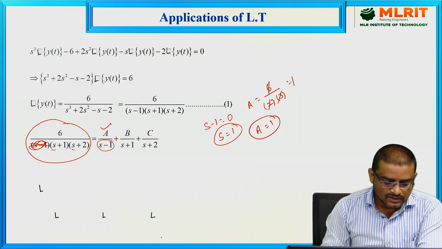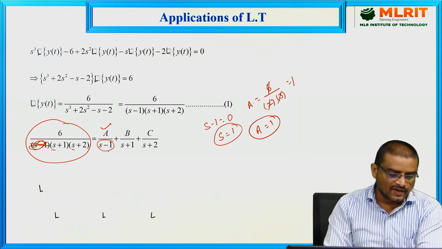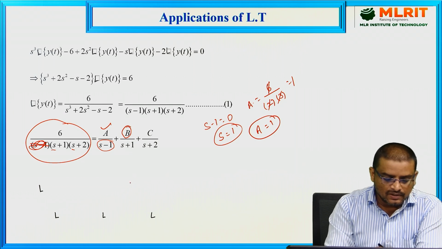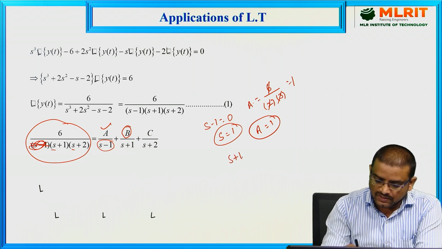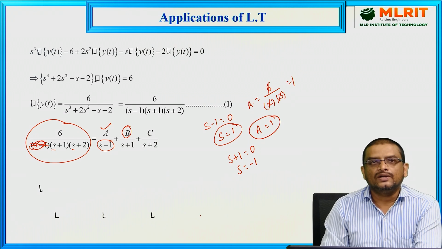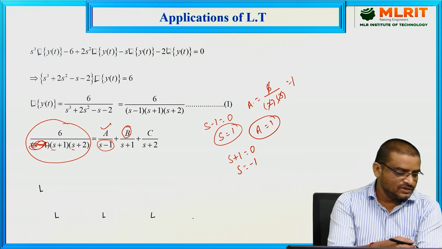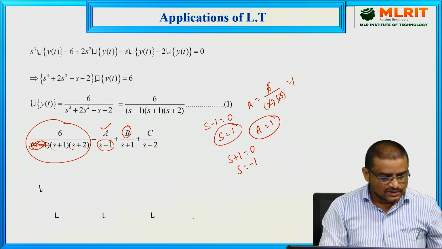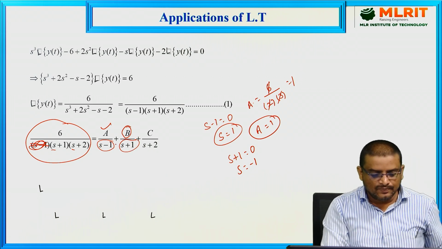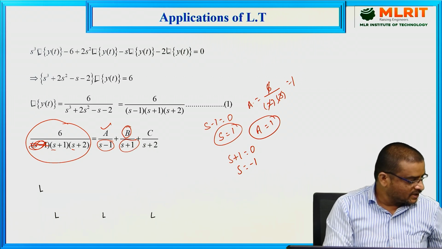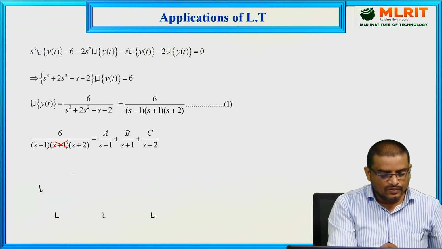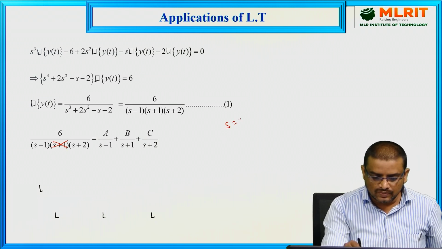Now our task is finding the value of b. What is the denominator under b here? s plus 1. Equate that value to 0, and you get s is equal to minus 1. Follow the same procedure: whatever factor we have as the denominator of b, go to the LHS part and neglect that factor, and in the remaining part replace s with minus 1.